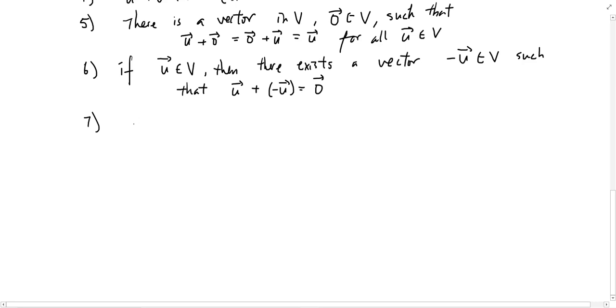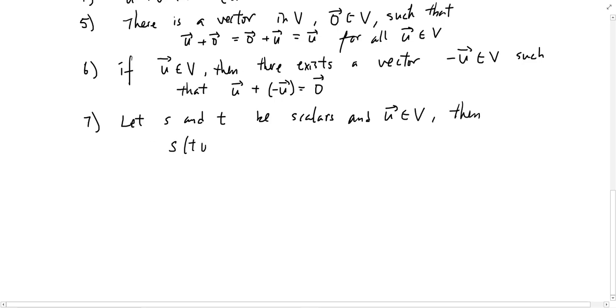Number 7. Let S and T be 2 scalars, and vector u in V. Then if I take S times (T times vector u), it is the same thing as (S times T) times vector u. That's the associative property for scalar multiplication. Number 8.